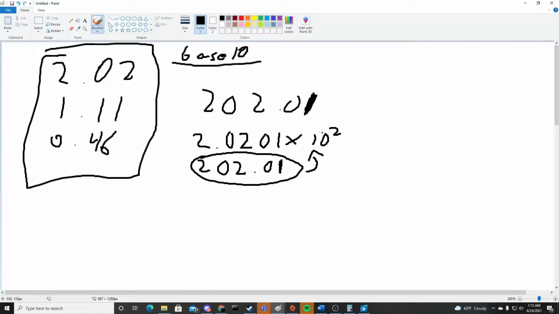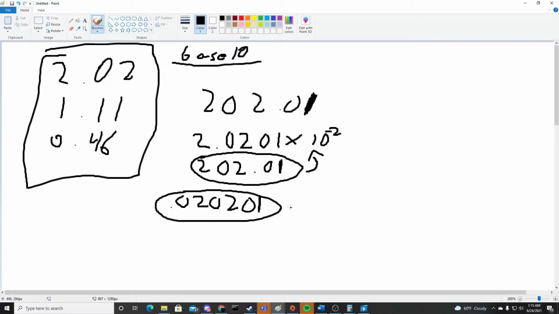Likewise, let's say this was a negative 2. In that case, this would actually move 2 places to the left, so this number would represent 0.020201.